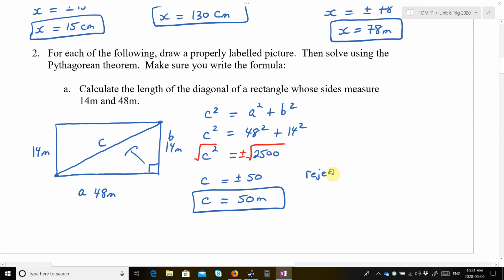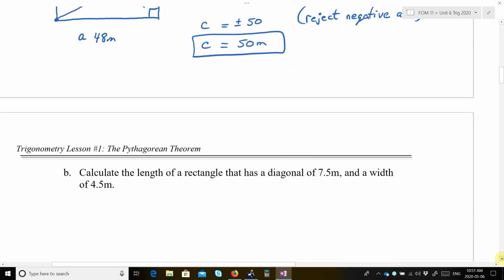So we could even put in here, reject, negative, answer. Sometimes the negative answer makes sense for the context of the question, but when we're finding lengths, it doesn't.